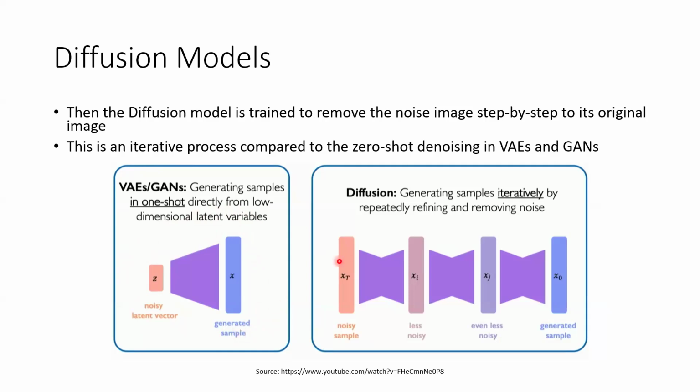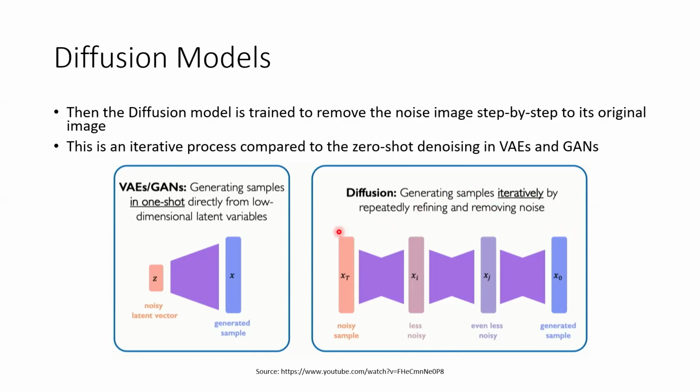So in diffusion models, we don't do it in a single step. We apply autoencoder-like neural networks in several steps. Actually, the same network is applied in several steps to this noisy image to make the noise lesser and lesser until it comes to the original generated sample, right?